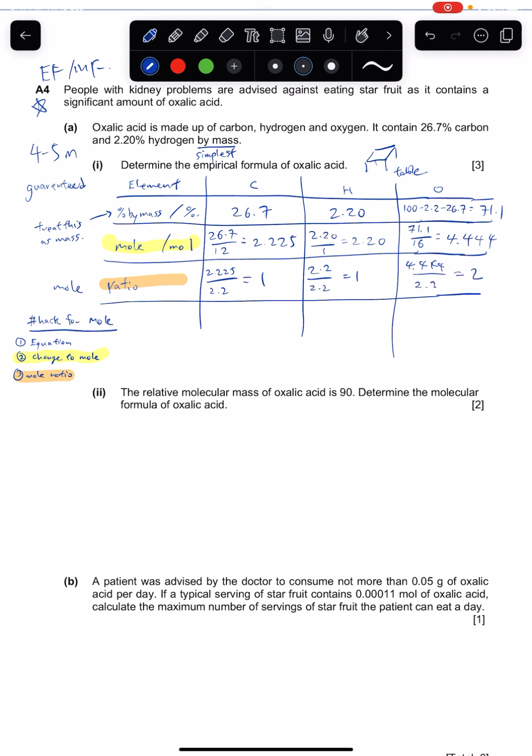Oh, so is this the end? No, they're asking for a formula. Tell me the actual formula. So the empirical formula is actually just C1 H1 O2, i.e. CHO2. That's it.